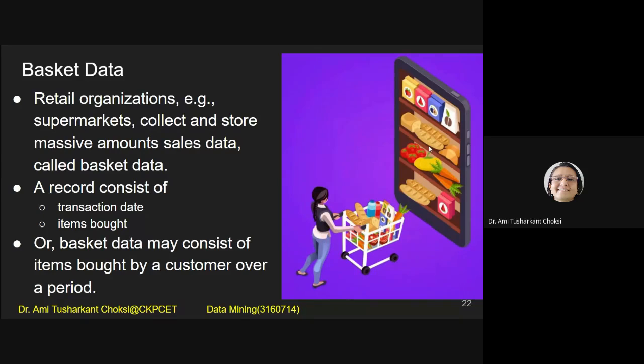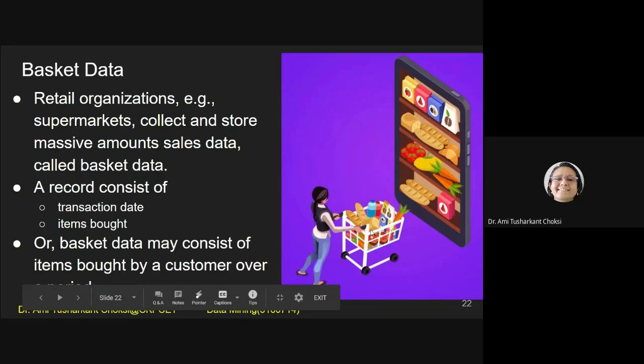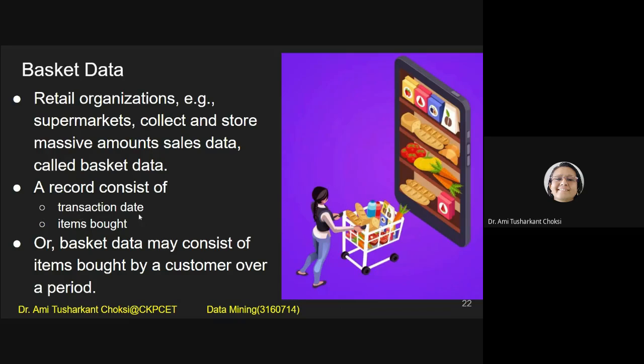So for all the customers of the shop, we have such baskets, that is, such transactions, and we analyze them. Basket data records consist of transaction date and items bought.